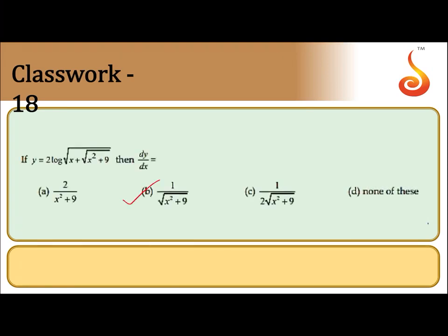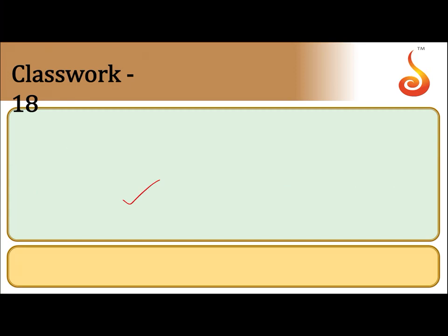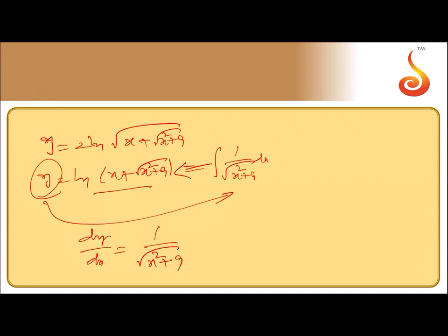You could also remember the integration formula. The answers will be easy if you are confident about integrals. Otherwise, you can do the derivative directly. So y dash equals 1 divided by x plus root of x square plus 9, multiplied by the derivative 1 plus 2x divided by 2 root of x square plus 9.